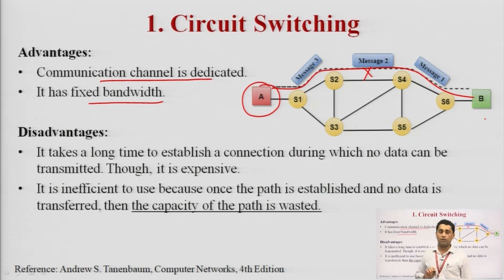What is the disadvantage? As I said, if the data speed is not appropriate and the circuit breaks, the messages will be lost. Suppose I am calling my friend, I am saying, yes, I am reaching your place at 5 p.m., and my friend is replying, your voice is not audible, your voice is not clear.